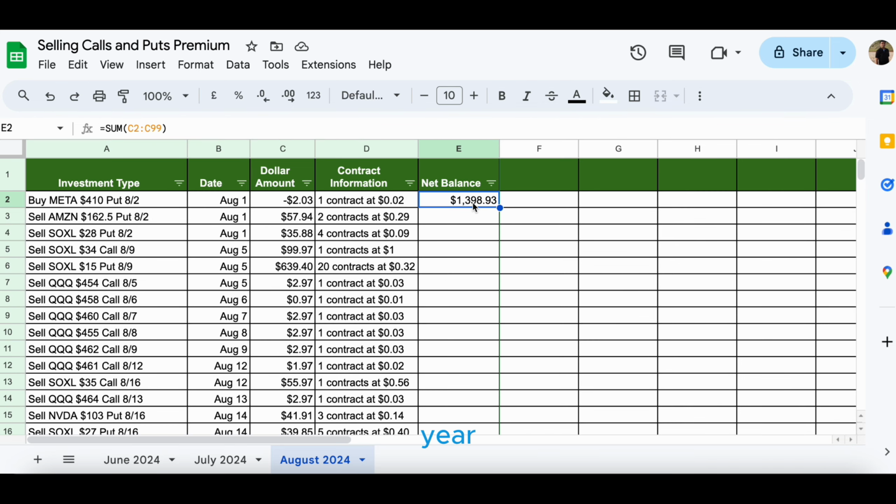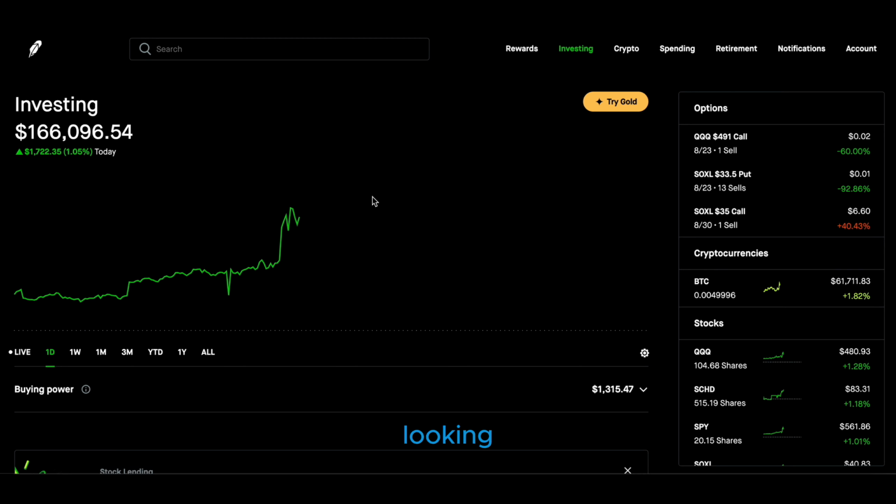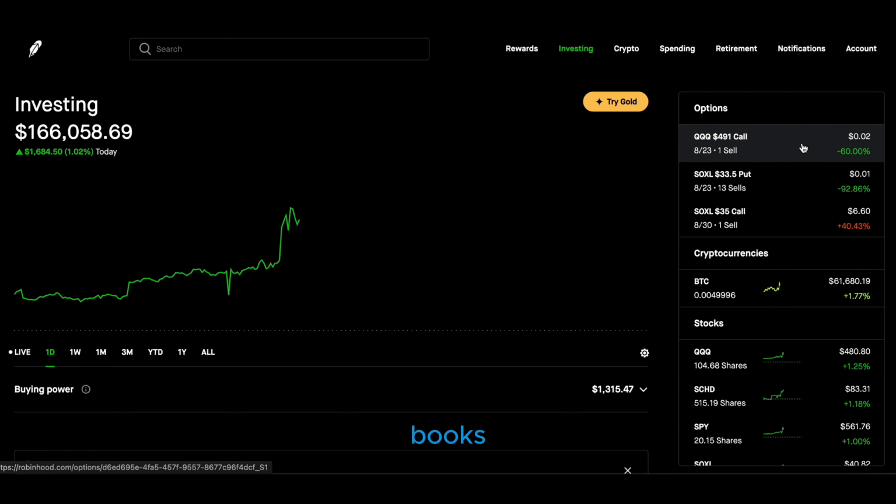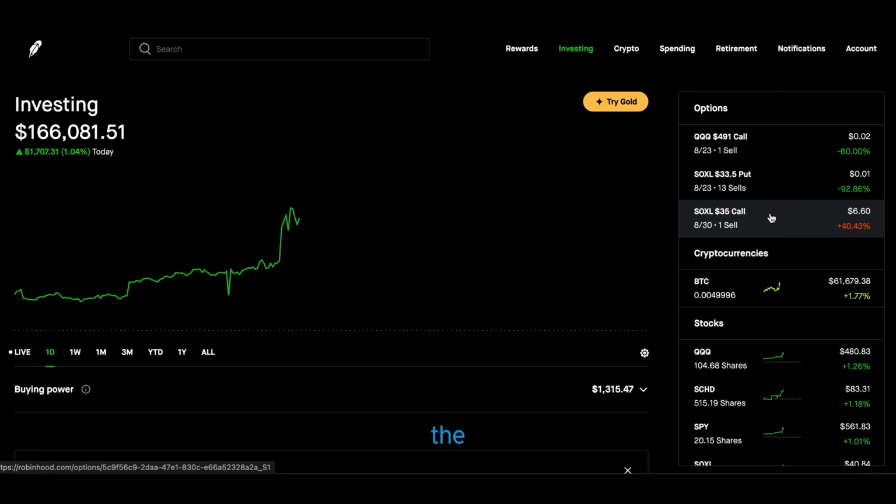So month to date, I have made close to $1,400. I'm super happy with this performance and looking forward to investing more money every single month, and being able to reap the benefits of cash secured puts and covered calls on the stocks and ETFs that I love.